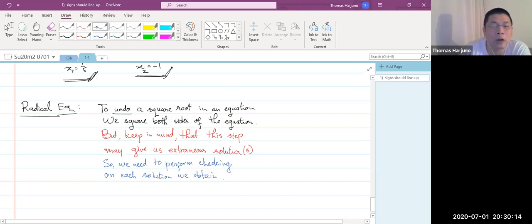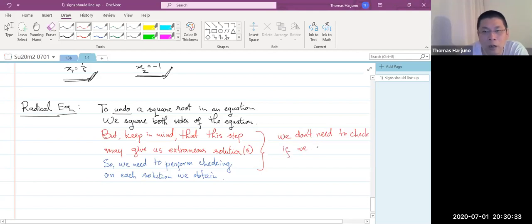Okay, now I give you an exception. We don't need to check. You can always check your solution, but we don't need to if we square from the following situation: square root of something equals a positive number.